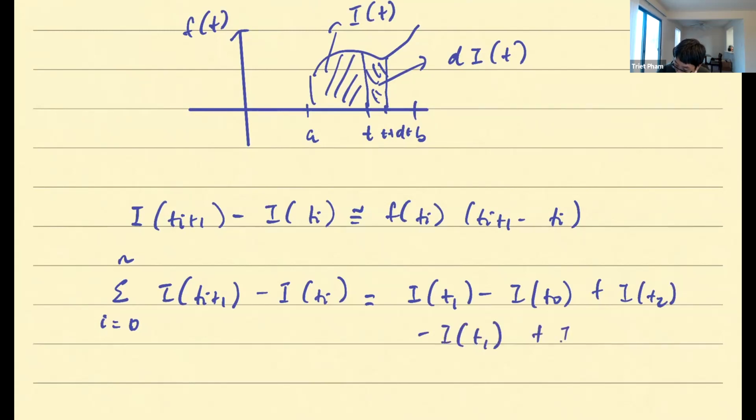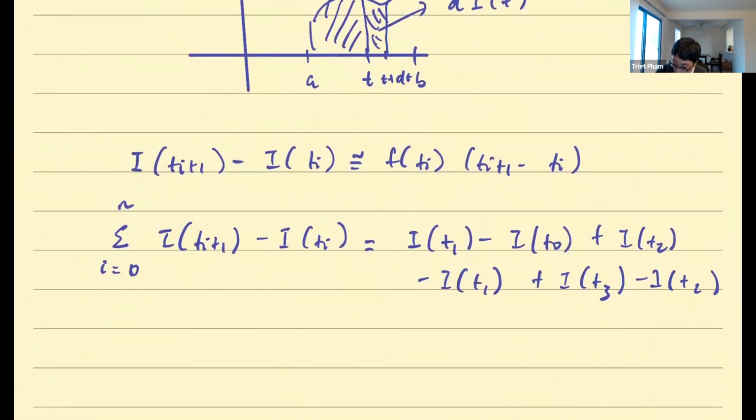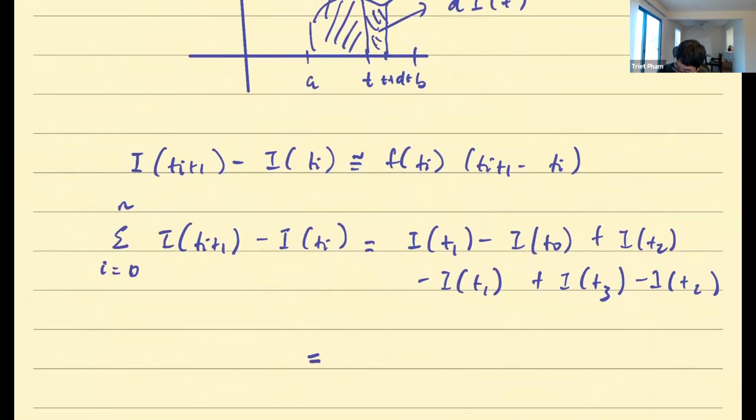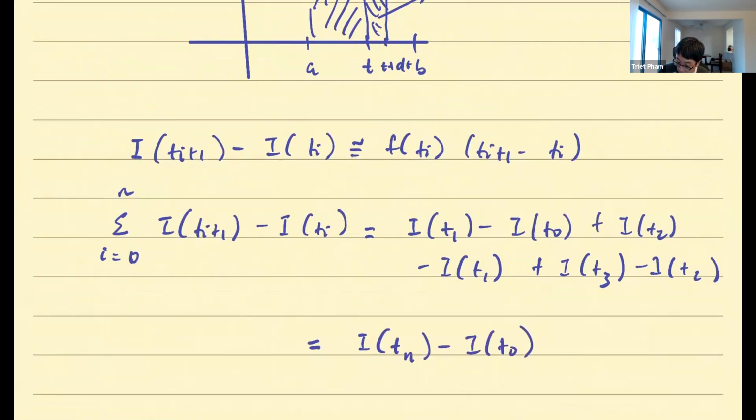And then plus I of t3 minus I of t2. So all in all, you see I of t1 cancels with this, I of t2 cancels with this. So eventually, when you sum all this up, what you get is I of tn minus I of t0, which is really I of b minus I of a.